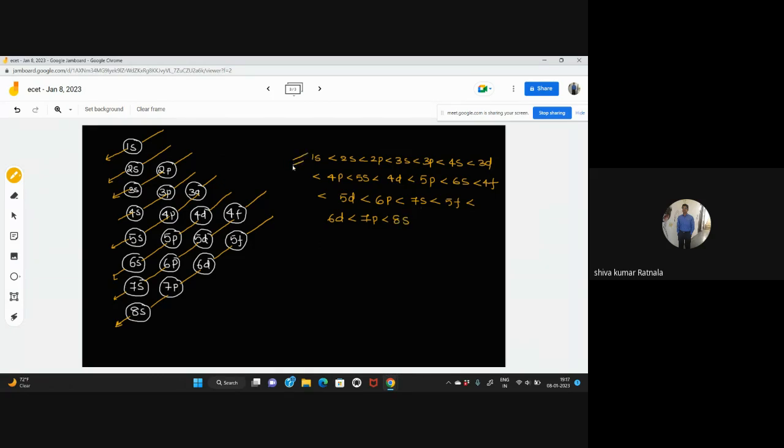Okay, this sequence everyone has to remember for writing elements in an electronic configuration.